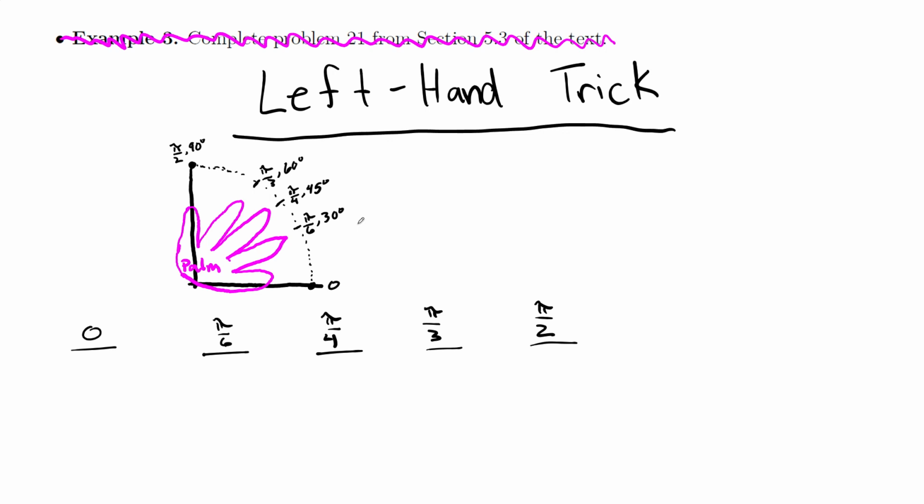If you are struggling to remember the terminal points, remember that the x is the cosine and the y is the sine on the unit circle. So if you're struggling to remember the terminal points, cosine, sine, here's the trick.